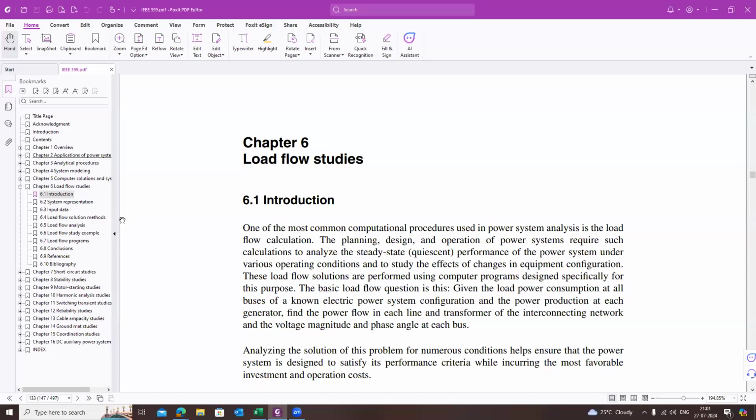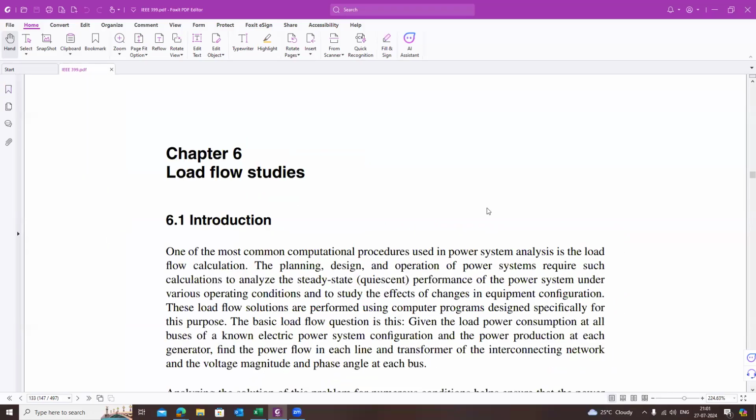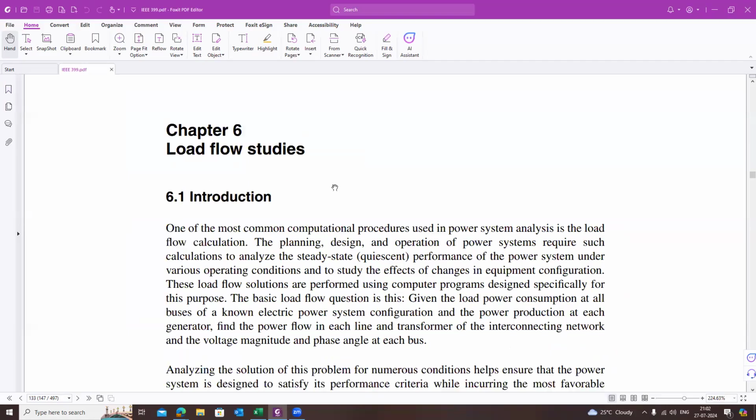Okay, right. First, let me share my screen. Is my screen visible? Yes, sir, visible. So in the load flow, particularly, we are talking about the IEEE 399. Just let me note down all those details.